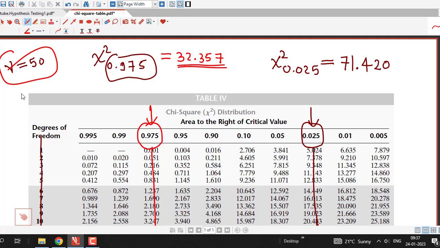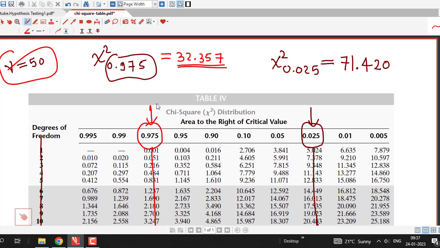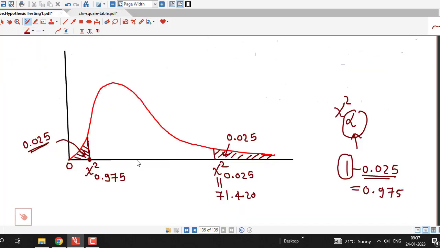So we have obtained both the critical values. Chi-square 0.025 is 71.420, and chi-square 0.975 is 32.357.